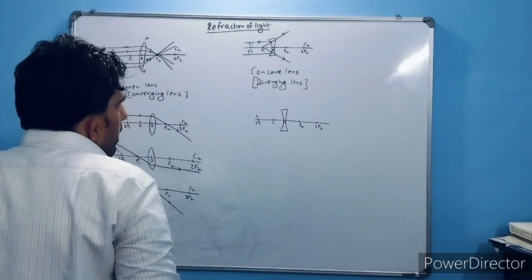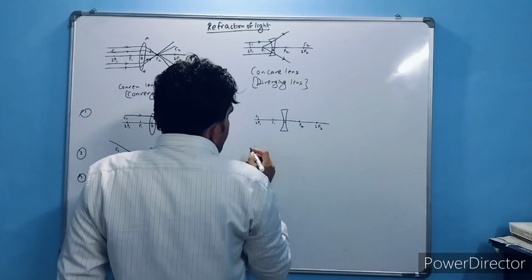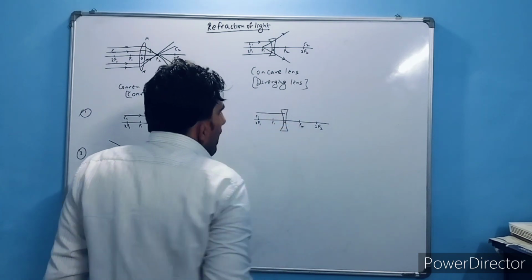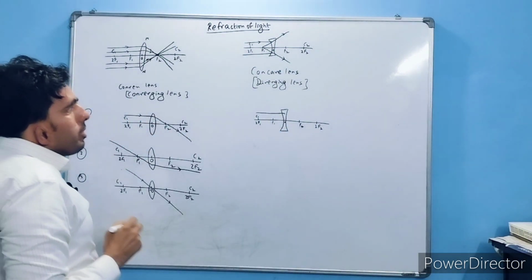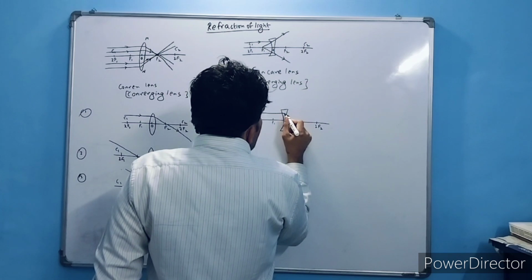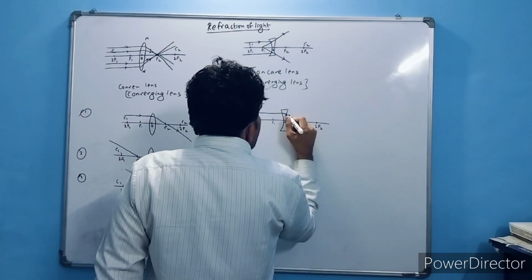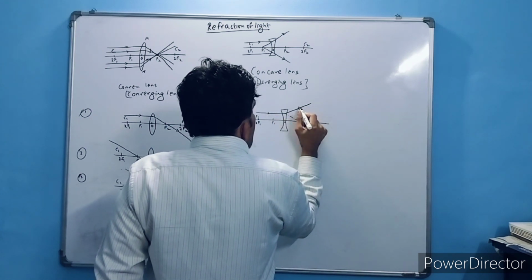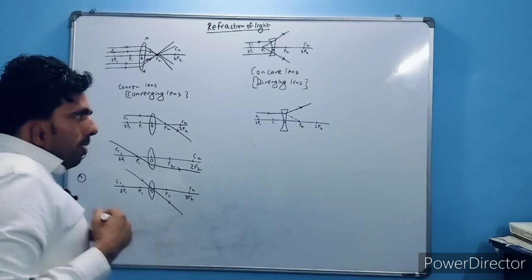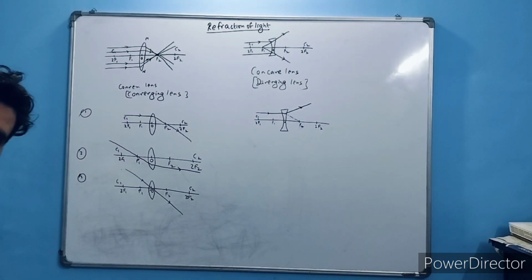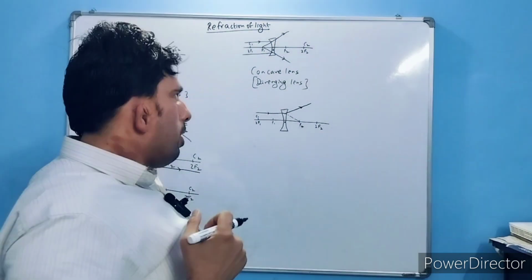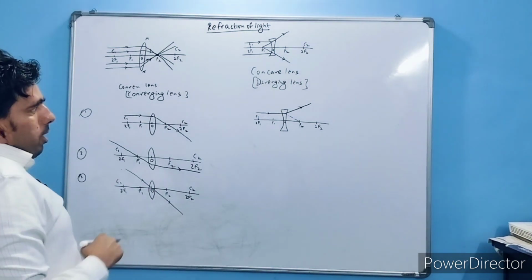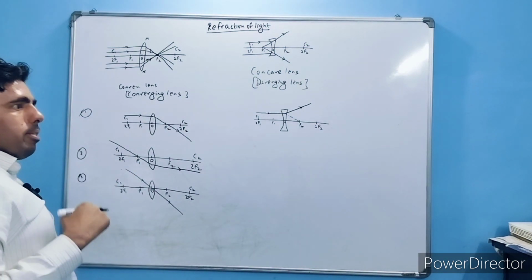Now the first principle is, when a ray moves parallel to the principal axis, it will diverge as if from the focus after refraction through the lens. That is the first principle on which the concave lens works.